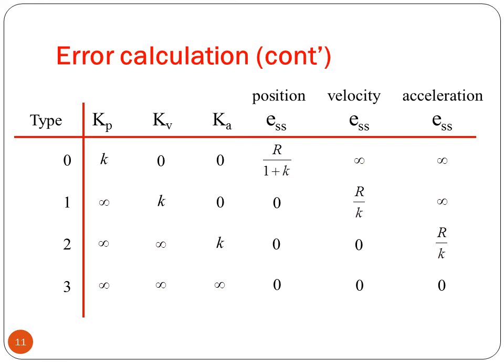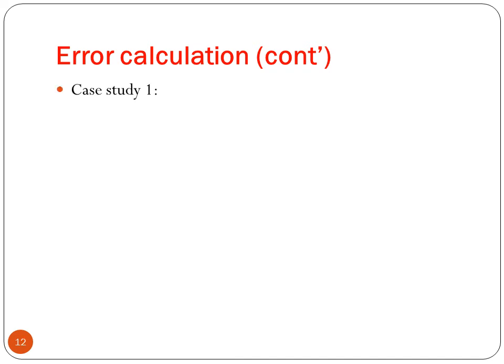As for type 2, the position and velocity errors will be equal to 0, and the acceleration error will be equal to 1 over K.